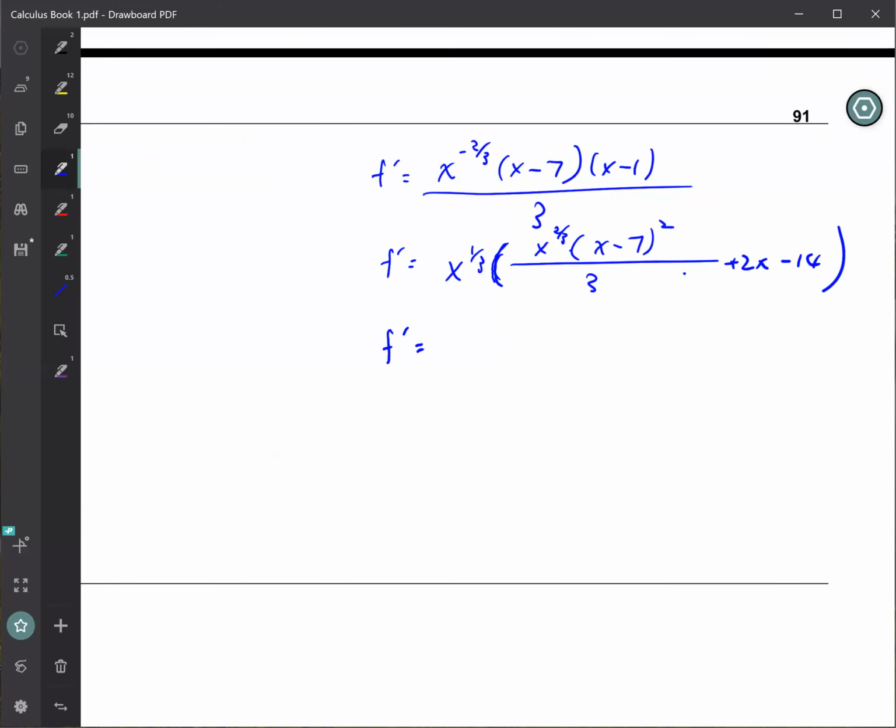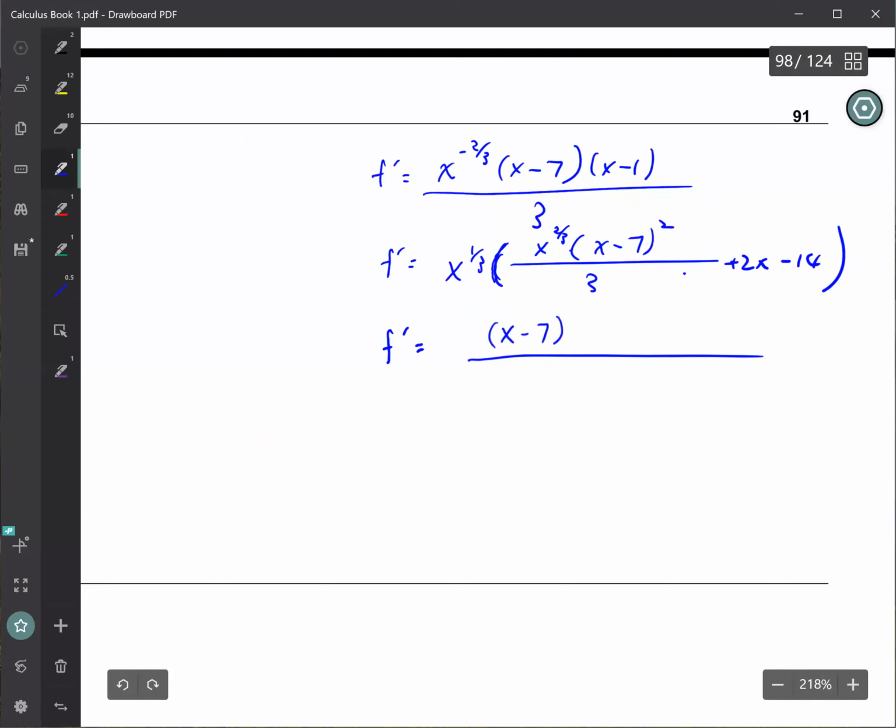On top it's x bracket x minus 7, and then another bracket, basically just 2x minus 7, I guess.